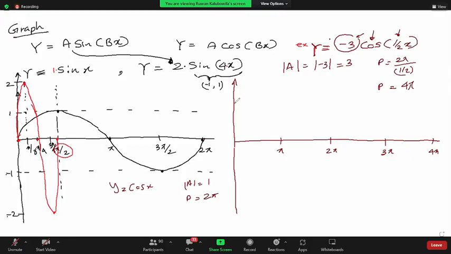Tell me. +1 and -1. Okay. What is the value for cos 0? 1. Yes, it is equal to 1.